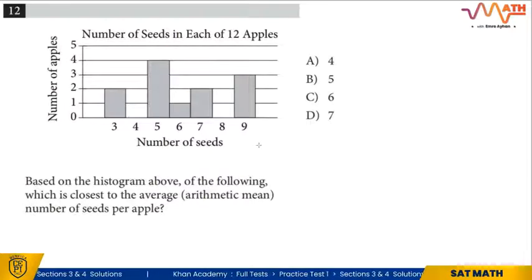Question 12. Based on the histogram, which of the following is closest to the average number of seeds per apple?